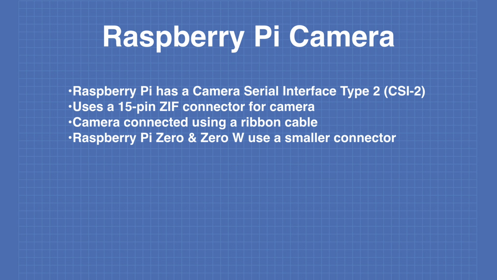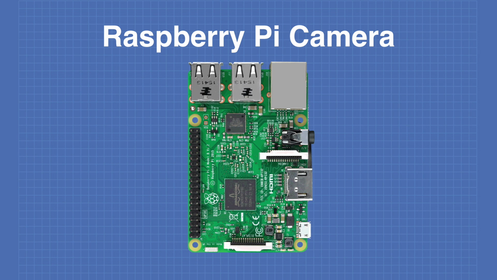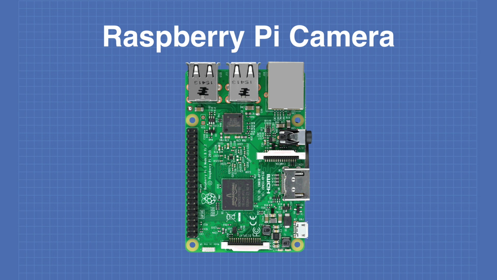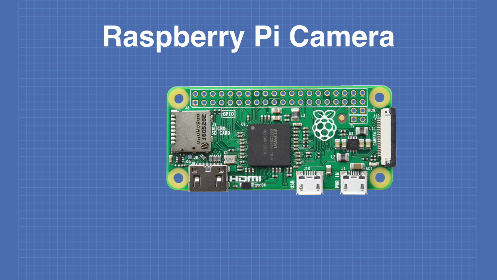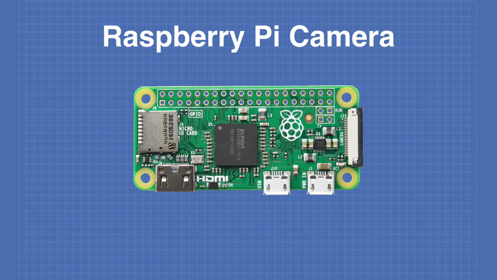The Raspberry Pi Zero and Zero W use a smaller connector for the camera. Here's the location of the camera CSI connector on the Raspberry Pi 3 and the Raspberry Pi 2 boards. And here is the location of the CSI connector on the Raspberry Pi Zero boards.